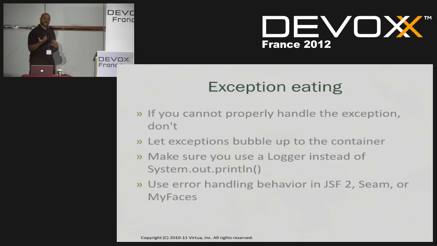But in Java, if you put throws on the method declaration, then the caller has to catch it, right? And 99% of the time, they have no idea what to do with it. And because you don't know what to do with it, everybody does this. They say, well, I got to catch it. Why don't I just catch it and not print out the error, right? But when you do this, what happens is the user ends up with very strange scenarios that are hard to track down because no one's handling the exception.